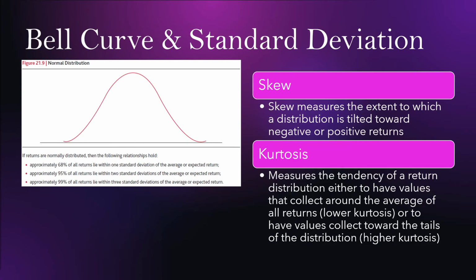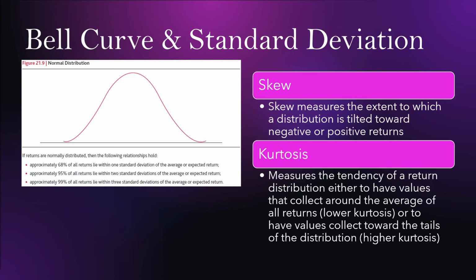Now, you can have a bell curve with a skew or a kurtosis. Skew measures the extent to which a distribution is tilted towards negative or positive returns. So your bell curve will be tilted somewhat, skewed in one direction. Kurtosis measures the tendency of a return distribution to have values that collect around the average of all returns.